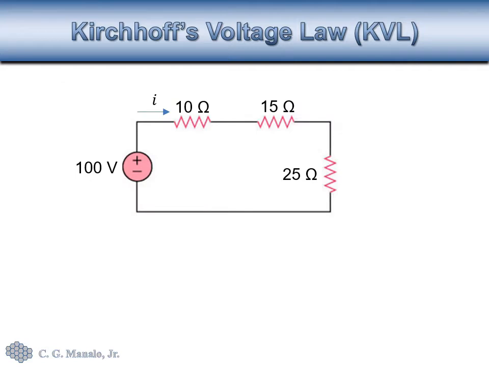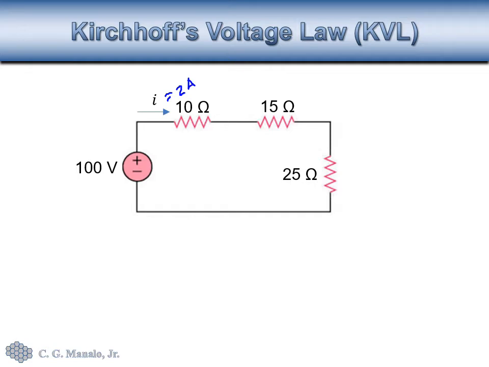So let's have a very simple example to show how KVL works. Here I have a very simple circuit, and we're asked to determine the current I. This current can be determined simply using Ohm's law by getting the equivalent resistance, which in this case is 50 ohms, and we get 100 divided by 50, which is 2 amperes.